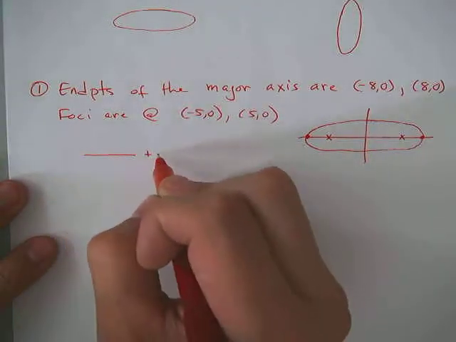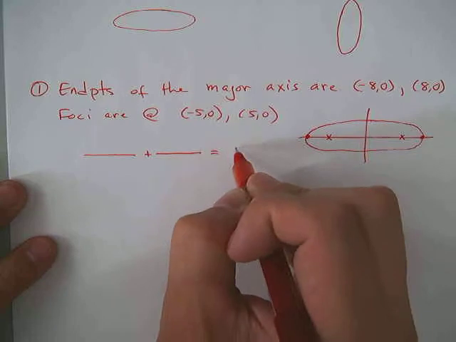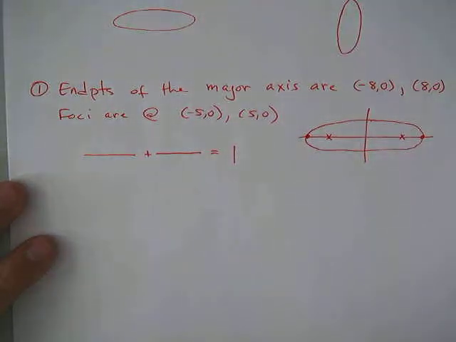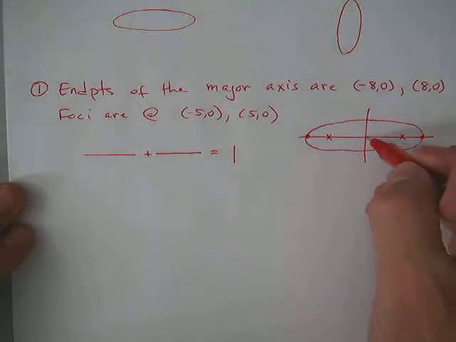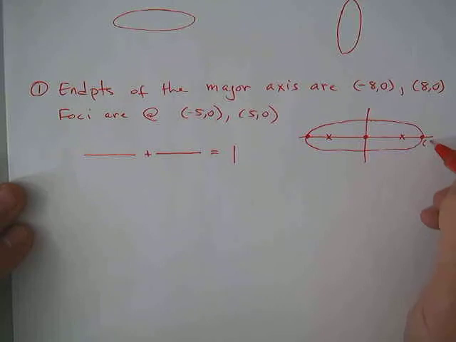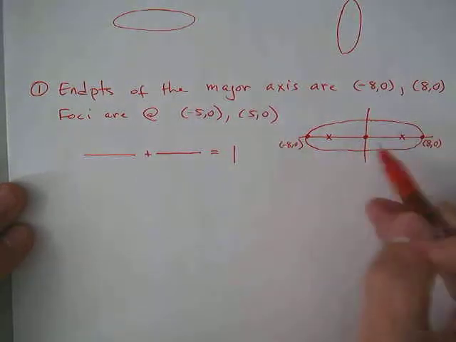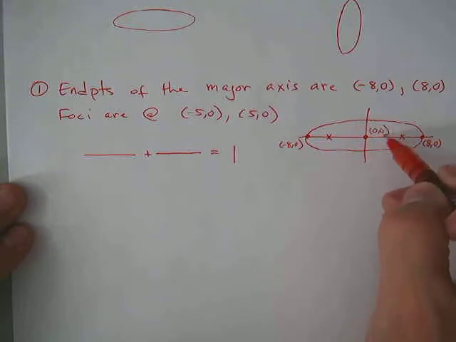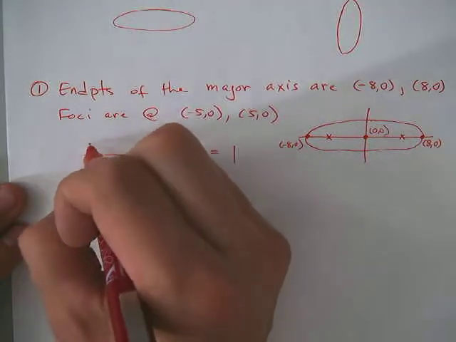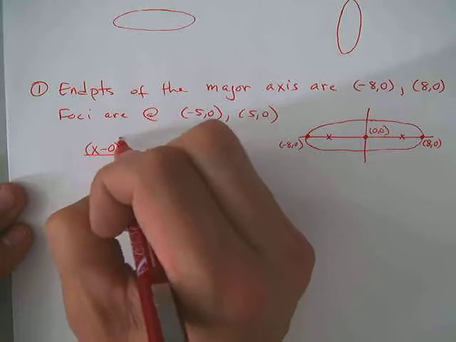So, let's start by just drawing what this thing is going to say. Equals 1. So, we need to fill in some information. First, can we figure out the h and k, or the center? Well, the center is fairly easy, since this is out here at 8, 0, and this is at -8, 0. The center of that is 0, 0.